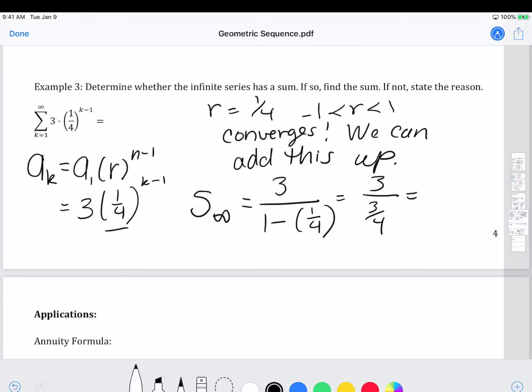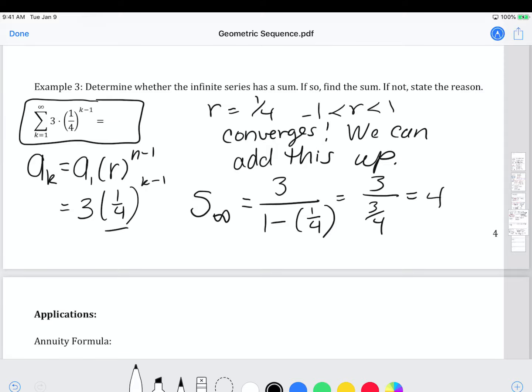And then 3 divided by 3/4 is going to be 4, because we flip and multiply. We have 3 times 4/3, and then I'm left with 4. So if I added all of the terms of the entire sequence, eventually you're going to get to some term that is so insignificant, from there on out, we don't even need to add it anymore. And then we would just add up all the terms up to that point, and we would get 4.